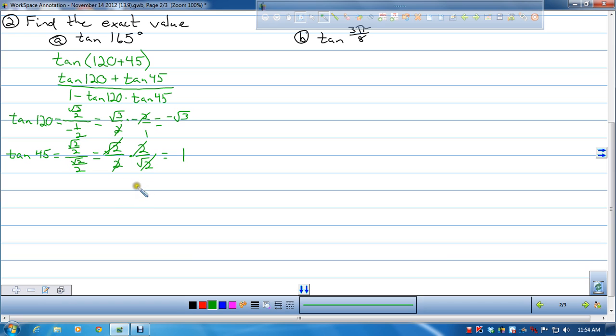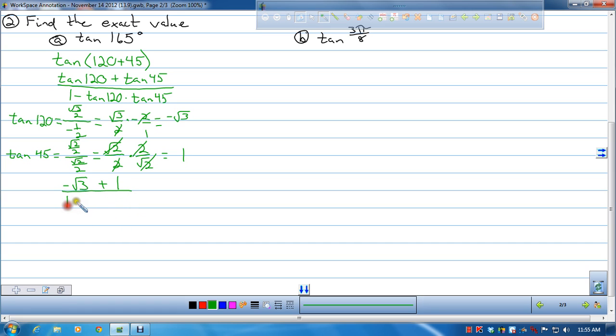Okay, so now that we know this and we know this, we can plug into our equation. So the tangent of 120 I found to be negative root 3, plus the tangent of 45 I found to be 1.